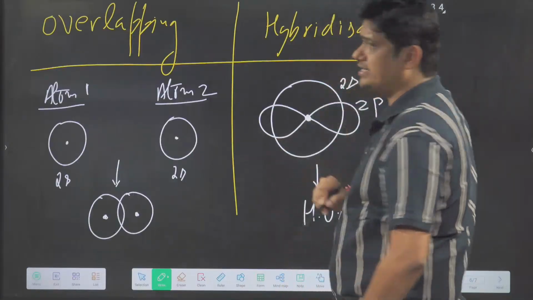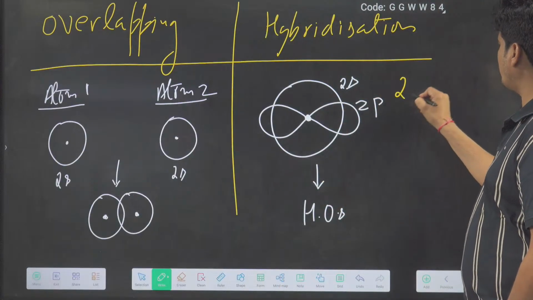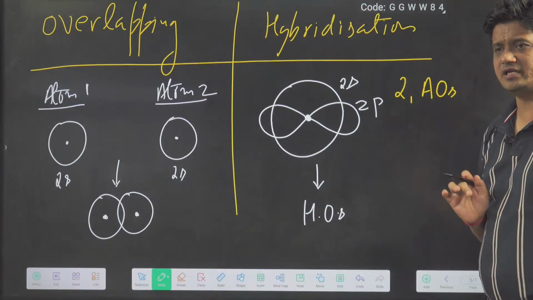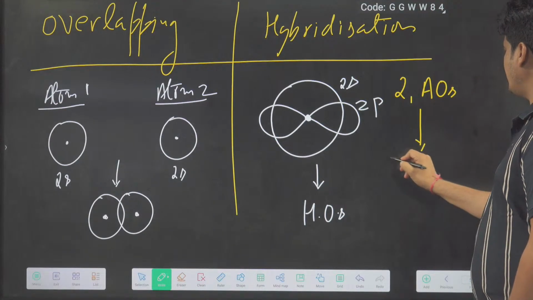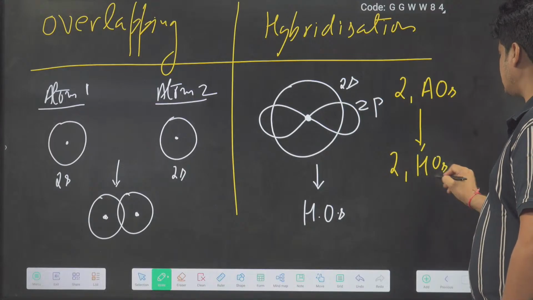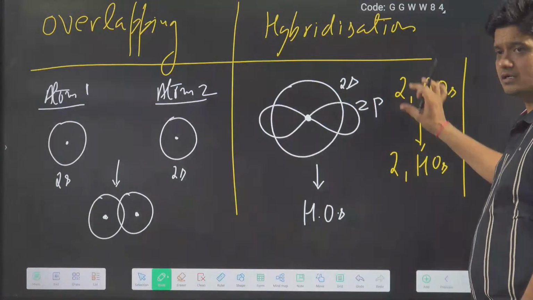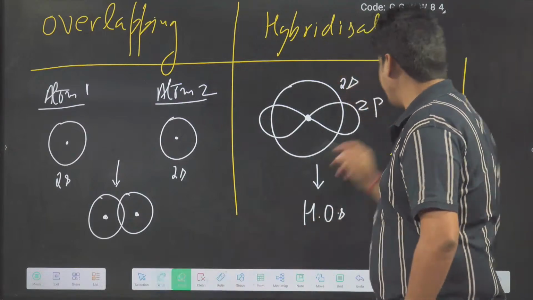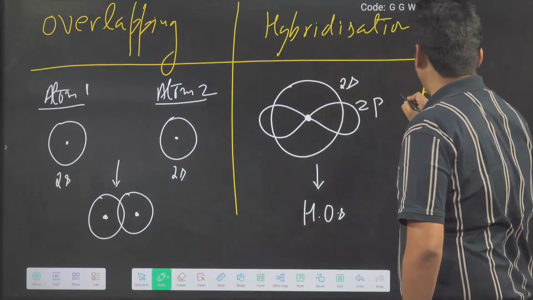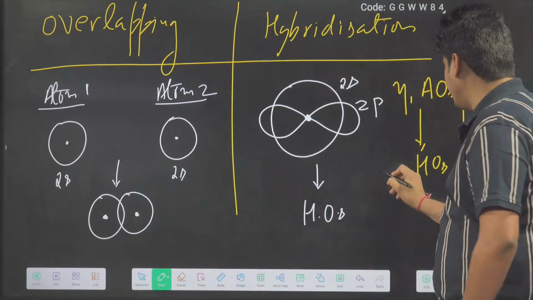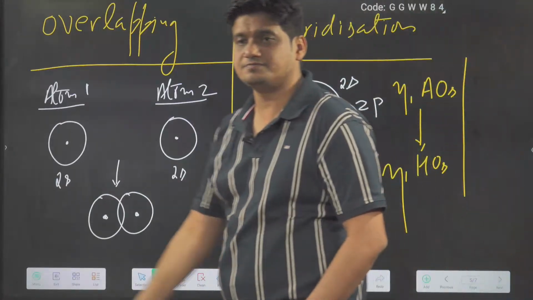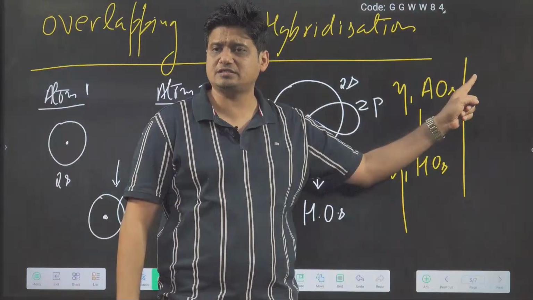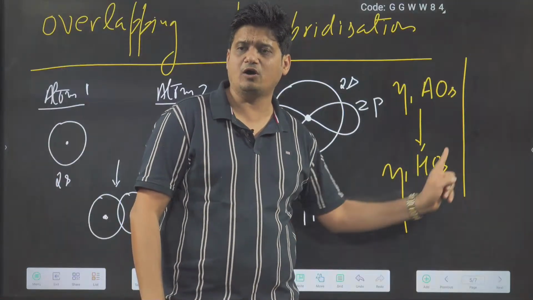If you have taken two atomic orbitals, they will give you two hybrid orbitals. If you have taken three, then you will get three hybrid orbitals. So I can generalize: if I take n atomic orbitals, I will get n hybrid orbitals.